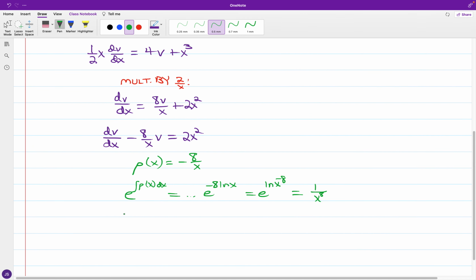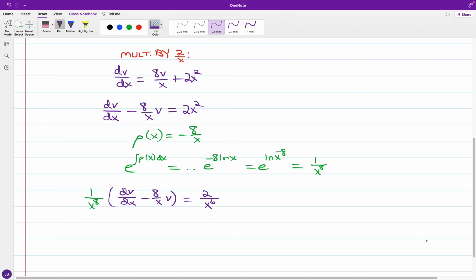And if I take this and multiply it by what I have in the equation laid out in standard form, for the substitution variable, and 2x squared over x to the 8th, that's going to be 2 all over x to the 6th.